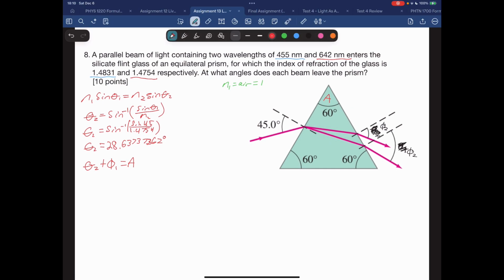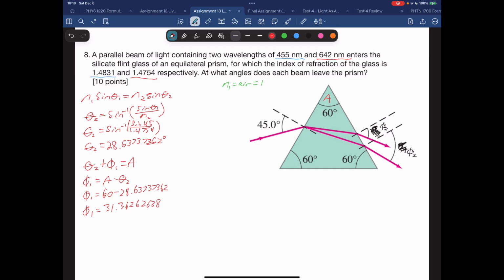So what I am looking for is phi 1, that equals A minus theta 2, which is 60 minus the number we just got, which gives me 31.362662638.